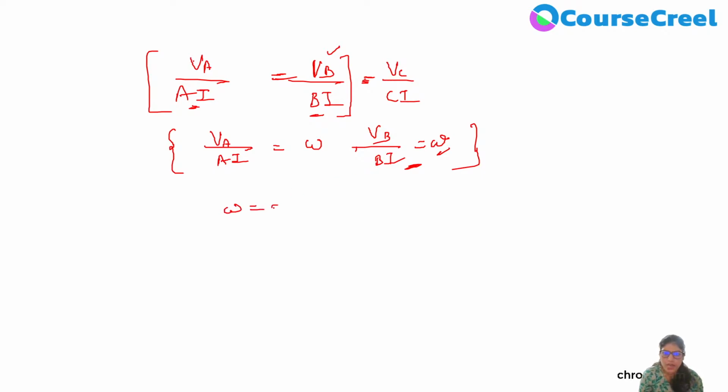Omega is the angular velocity, right? In this way we can define the magnitude, and here VA is inversely proportional.